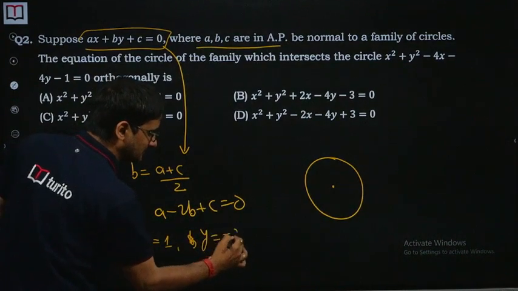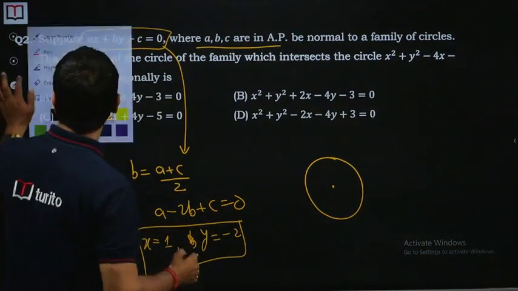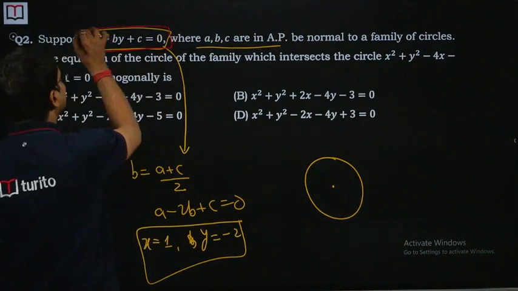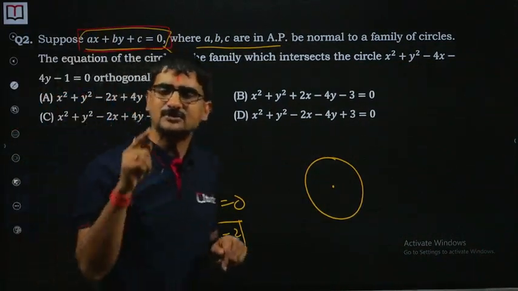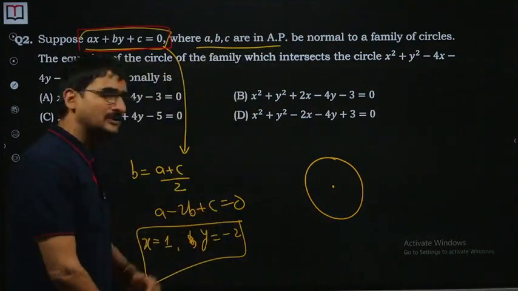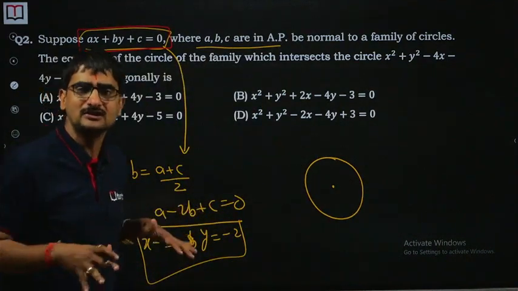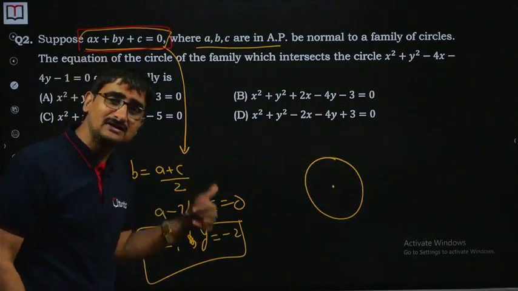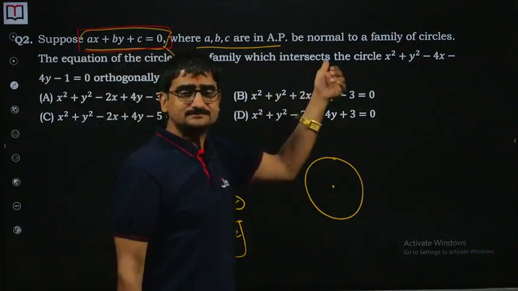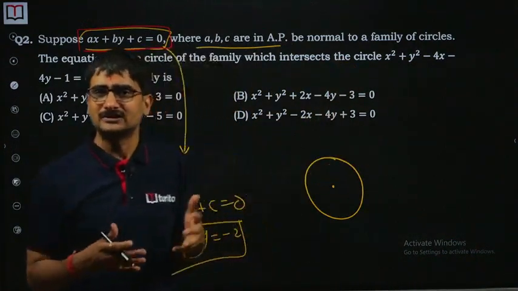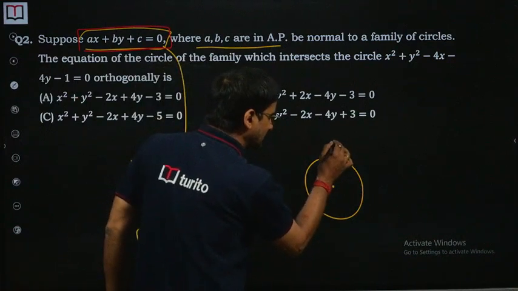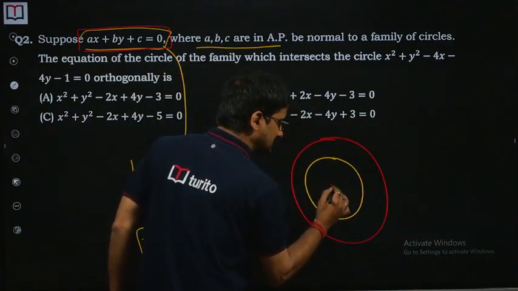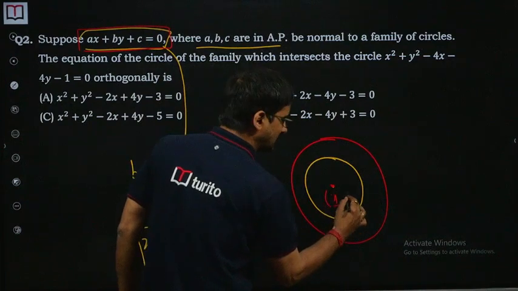Now what does that mean? It means this variable line passes through a fixed point, and the fixed point is (1, -2). So all the infinite lines pass through the same point, and since all the lines are normals to the family of circles, you have a family of circles with the same center, and the center is nothing but this (1, -2).